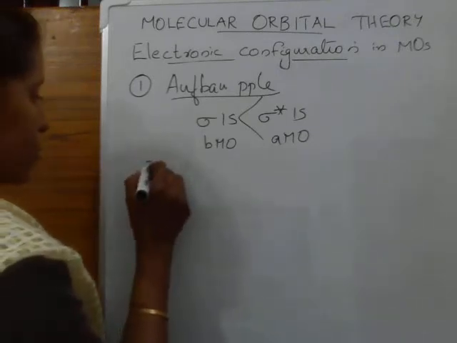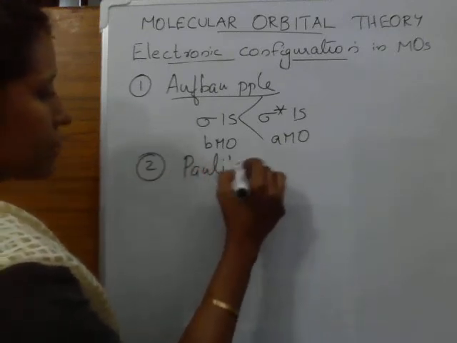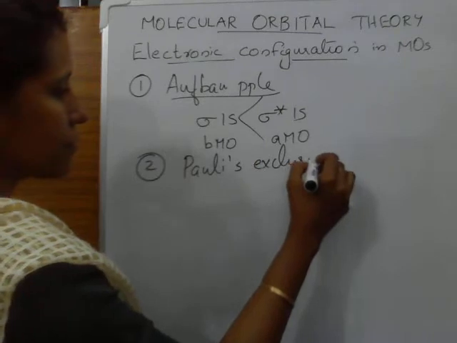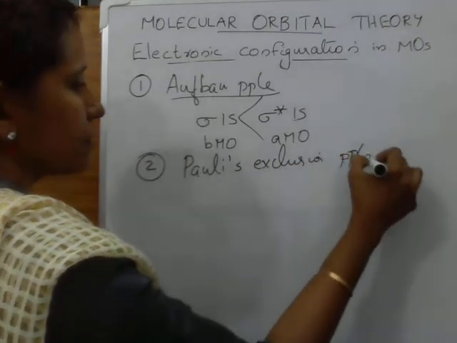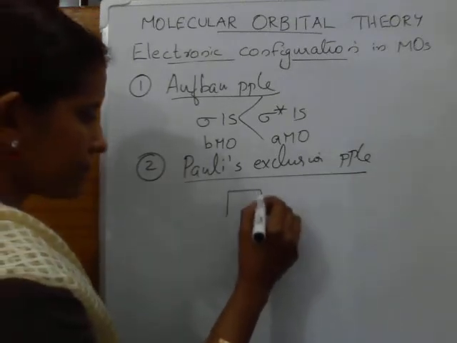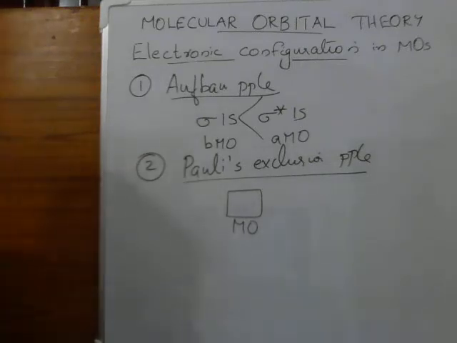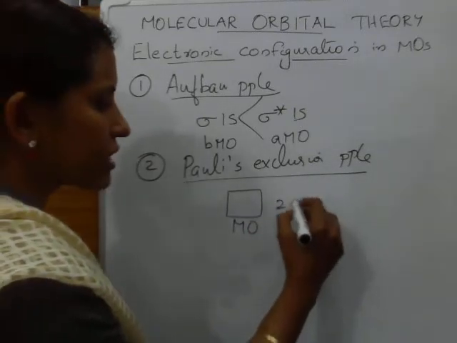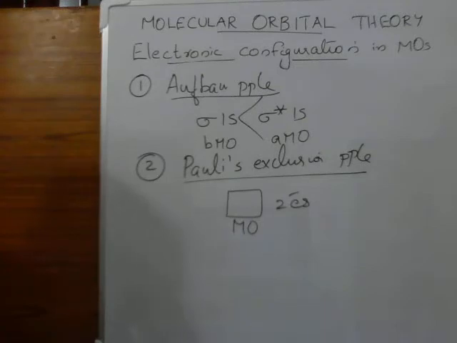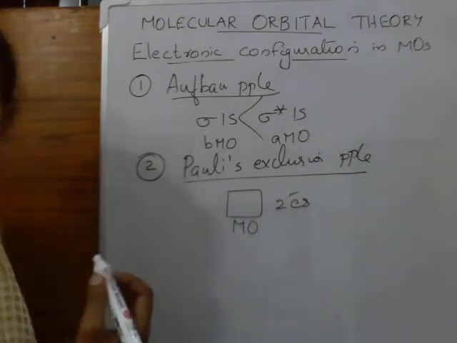Now the second rule, Pauli's exclusion principle. What does Pauli's exclusion principle state? A molecular orbital can accommodate maximum 2 electrons. Maximum 2 electrons can be put in a molecular orbital. And the 2 electrons must have opposite spin.